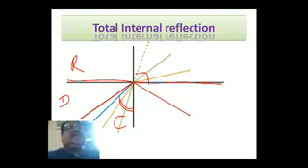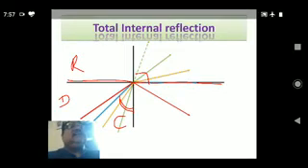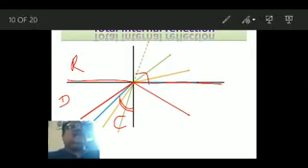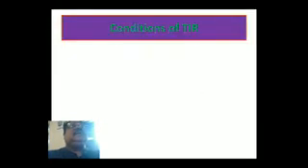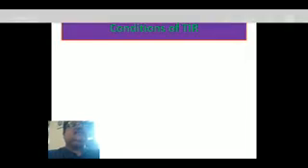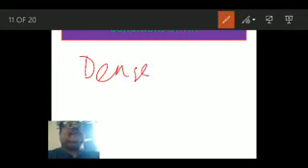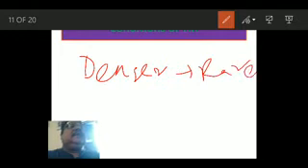Now, what are the conditions for total internal reflection? So, let us see the conditions. First of all, the ray must travel from denser medium to the rarer medium.